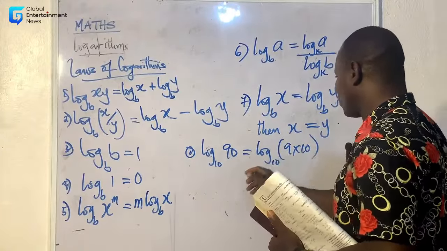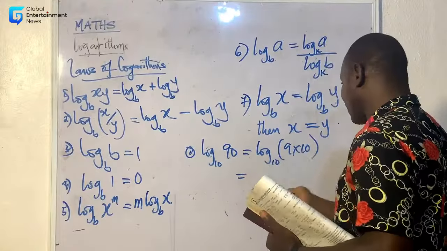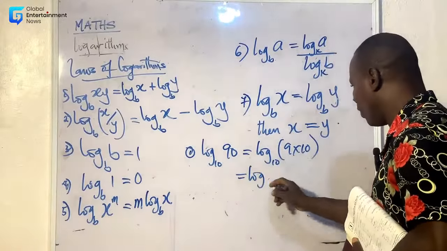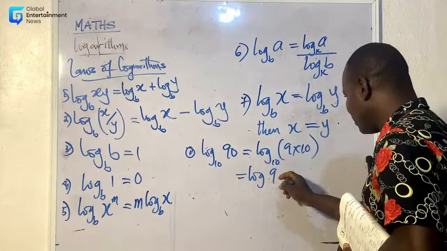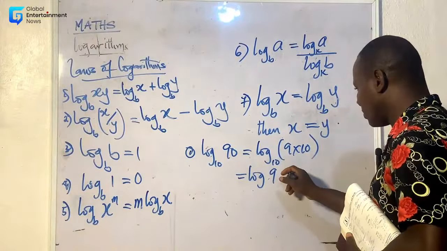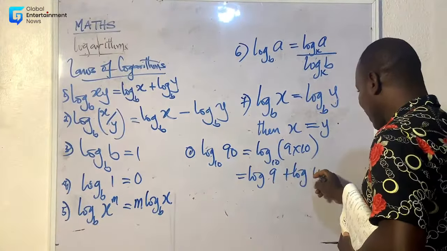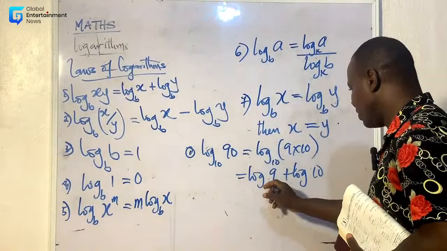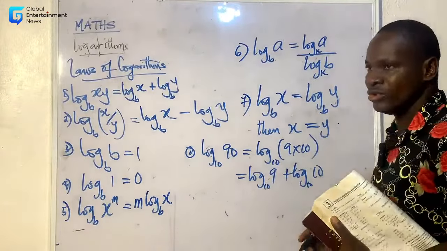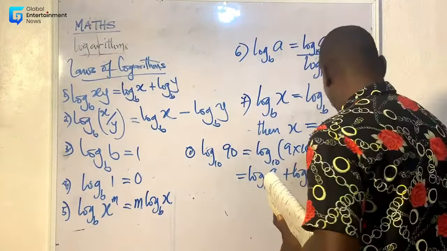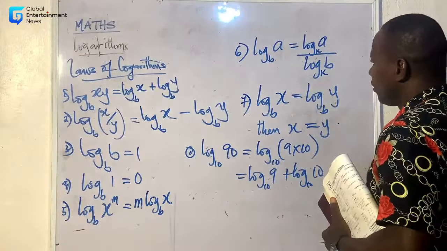Because it's multiplication, it's going to be log 9 plus log 10. Remember to put the base 10. Do you understand? That is the first example.